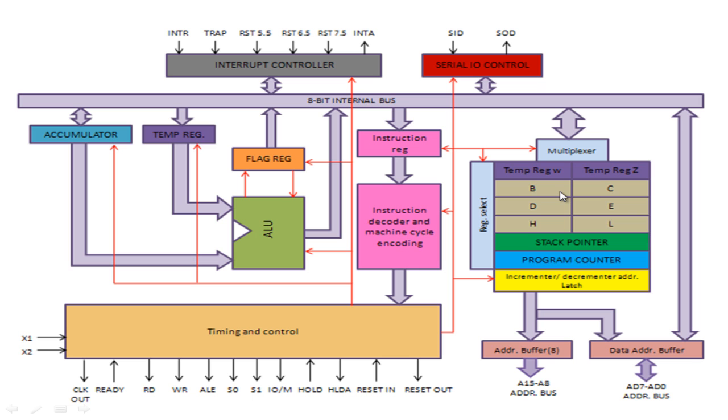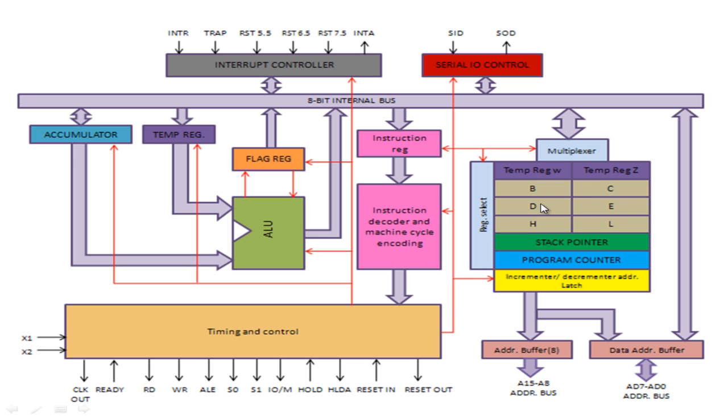Suppose that we have to transfer some data from register B to C, then what will we do? We will use some other mechanism, like sending data from B to some other register and then from that register to C. We cannot send the data from B to C directly.